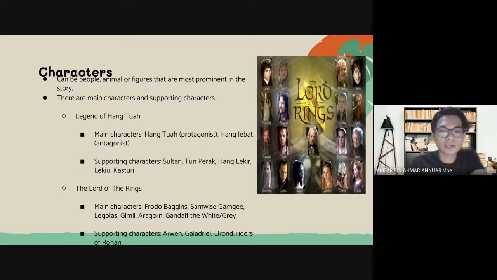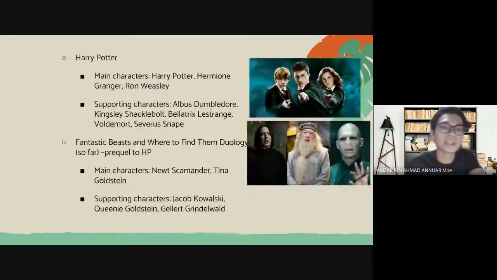Next, we look at the main characters of Harry Potter. Harry Potter, Hermione Granger, and Ron Weasley. These are the three heroes of the story. Whereas the supporting characters are Albus Dumbledore, the man with long beard here, Kingsley Shacklebolt, not in the picture, Bellatrix Lestrange, not in the picture, Voldemort, the bald-headed guy with no nose, and Severus Snape, the one with the sleek black hair here.